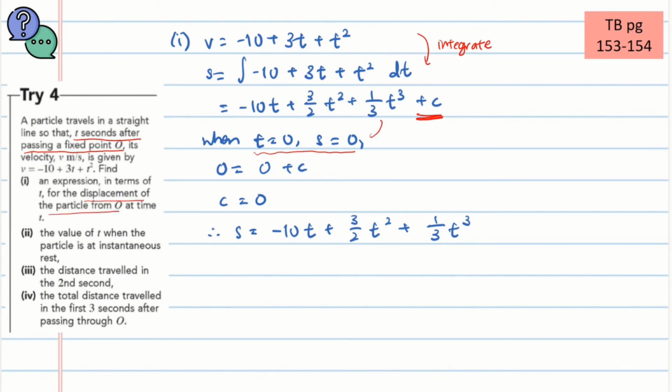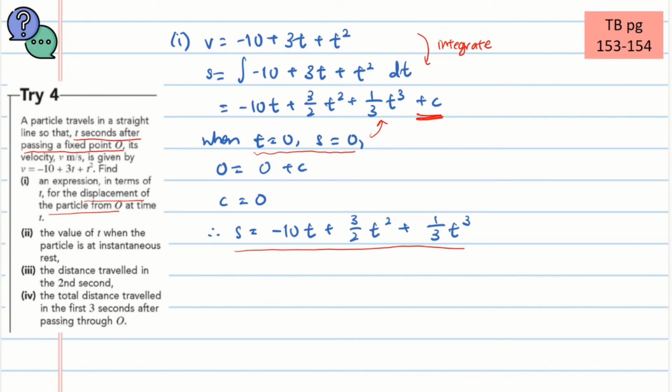So I put it into my expression and I see that c equals 0. Do be very careful that c is not always 0. Therefore, the displacement is represented with this function.